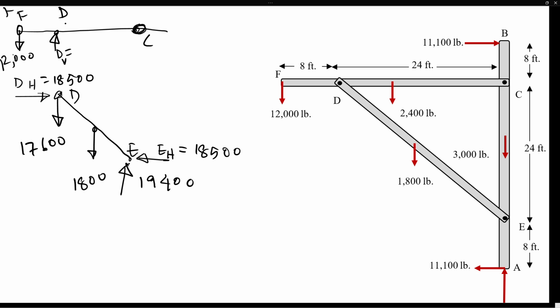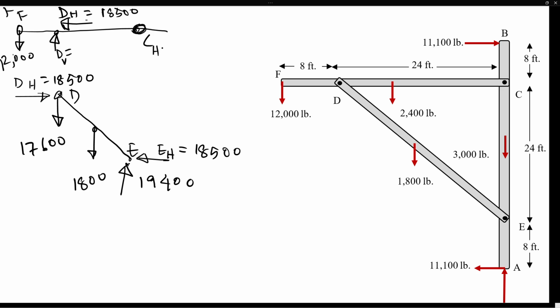And then the horizontal component we found for this DE member was in the right direction. For the CDF member it is going to be exactly the opposite direction, so basically the negative direction, minus here.